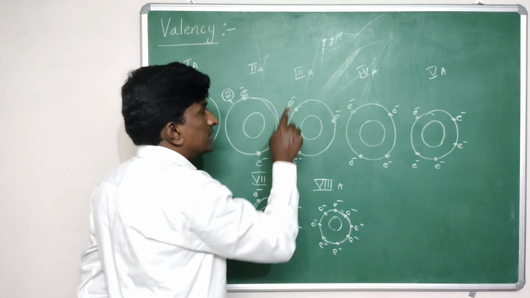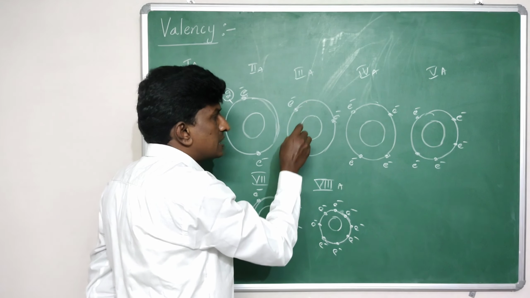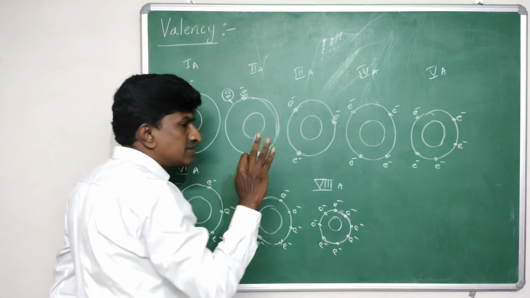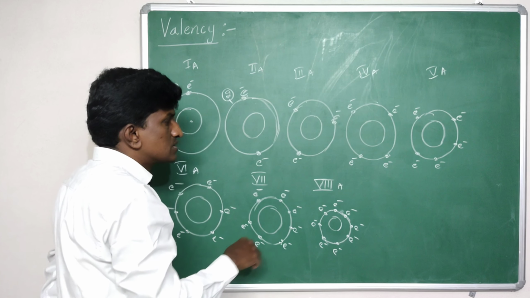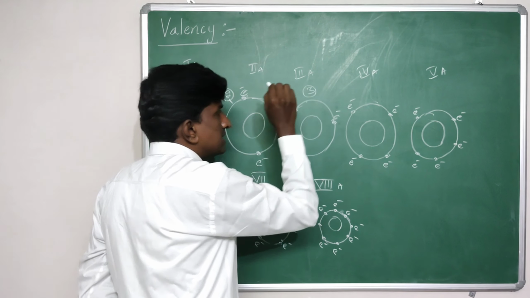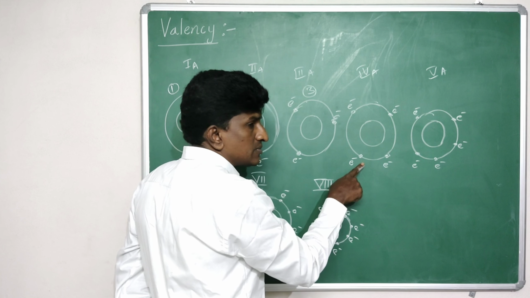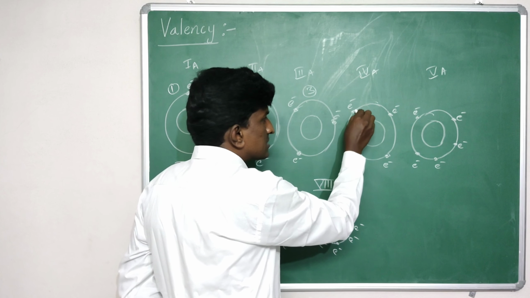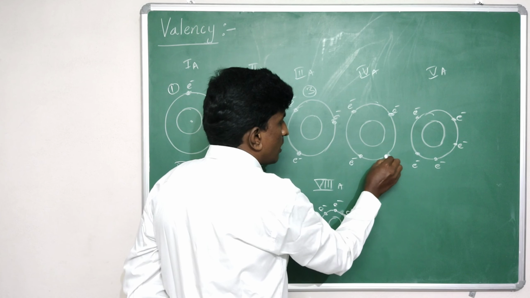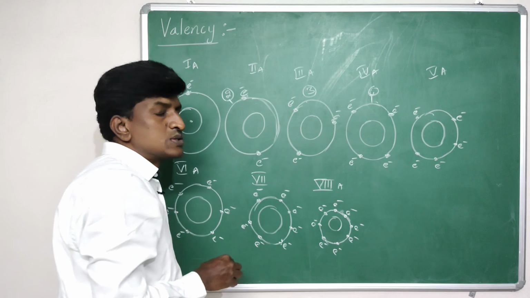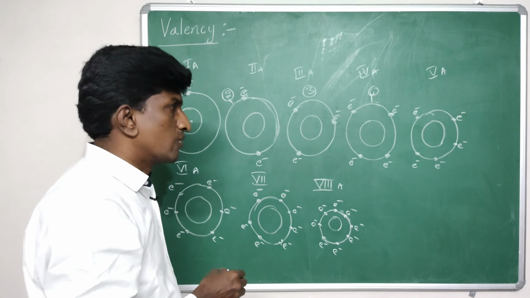Then in the third group elements of the second period, all the elements have 3 electrons in the outermost orbit. So their valency is 3. Similarly, in the fourth group of the second period, all the elements have 4 electrons in their outermost orbit. So their valency is 4.